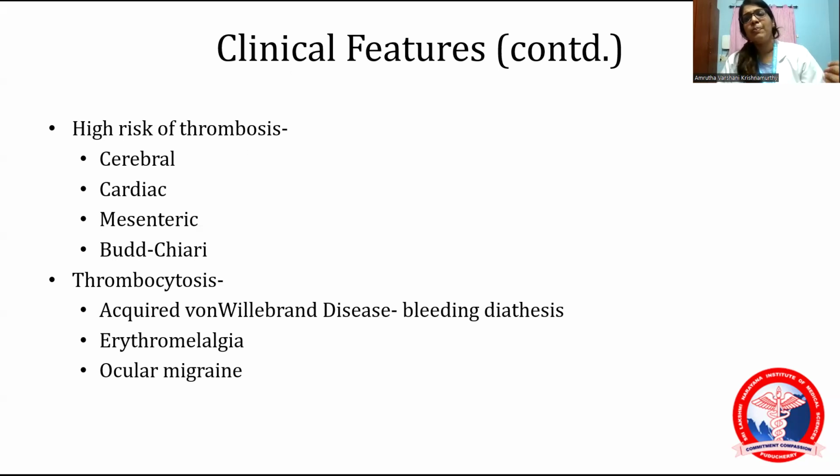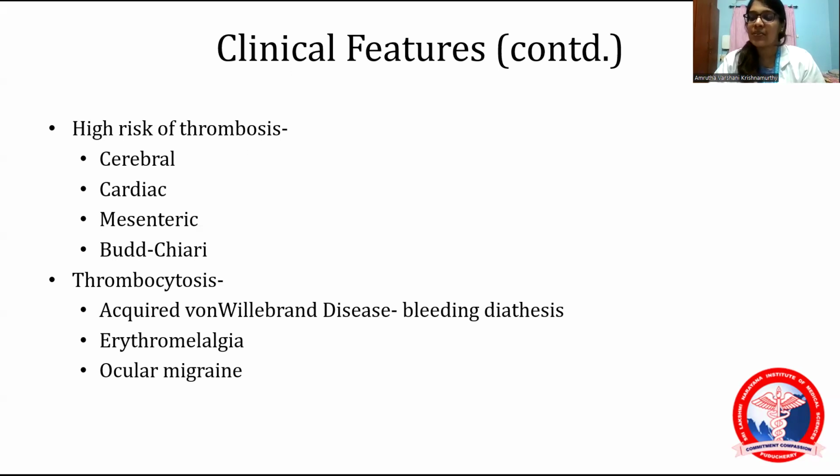And as I told, one of the peculiar features that is there in polycythemia vera is the development of erythromelalgia. So what is erythromelalgia? The patient will have a history of burning or very sharp pain, or the patient can have extreme discomfort in the extremities, that is in the palms and soles, especially during times of stress or when the patient takes a hot shower.